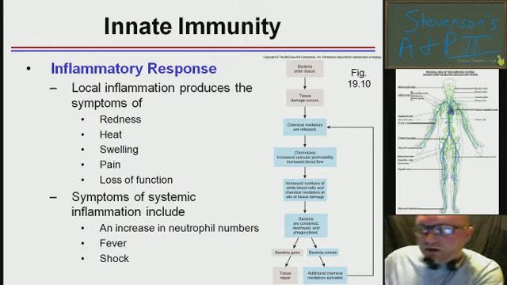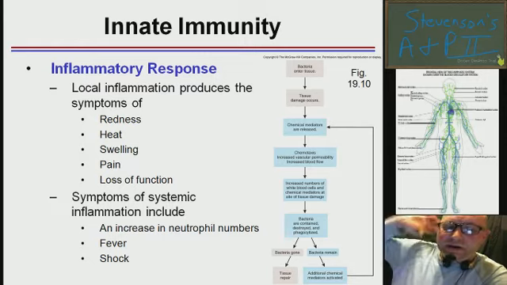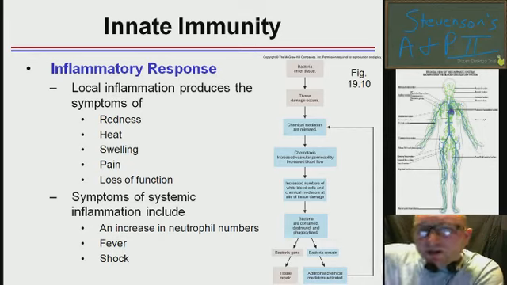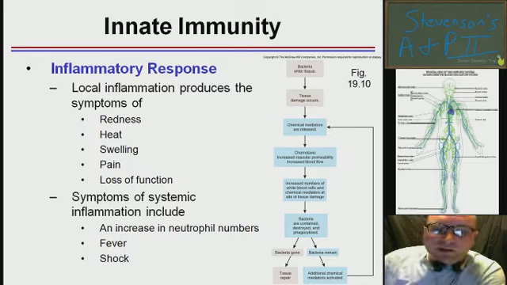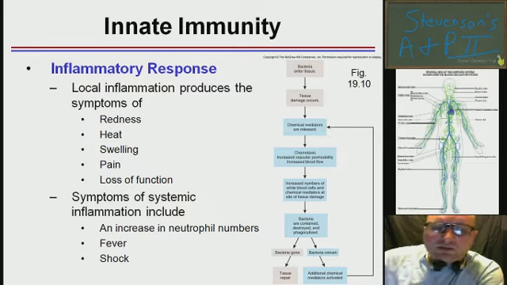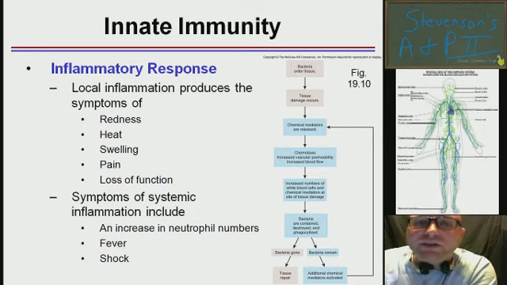If this works and the bacteria are gone, the tissue is then repaired. If this doesn't work and the bacteria still remain, then additional chemical mediators are activated, and this loop that you see on the right side happens, and the process occurs over and over again until the situation is stable.